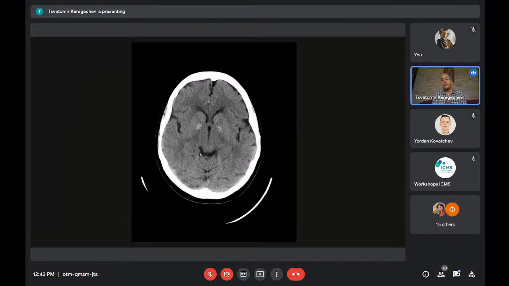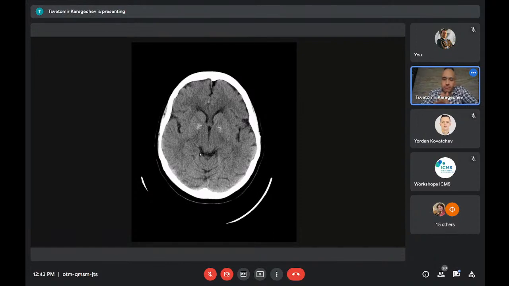This can be a bit tricky, actually. These are calcifications in the basal ganglia, and they tend to occur, as you can see, on the medial side of the nucleus lentiformis. As you may remember from Dr. Kovatchev's anatomy session in the beginning, this is where the globus pallidus lives.